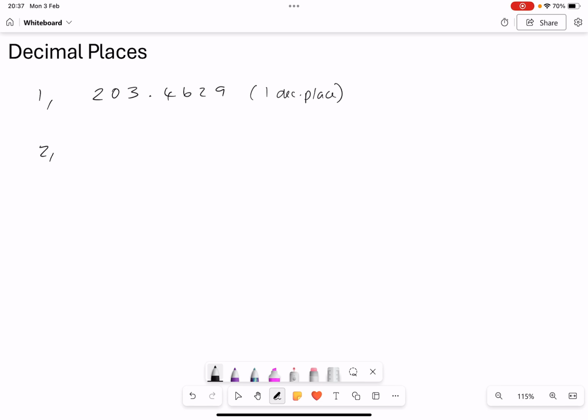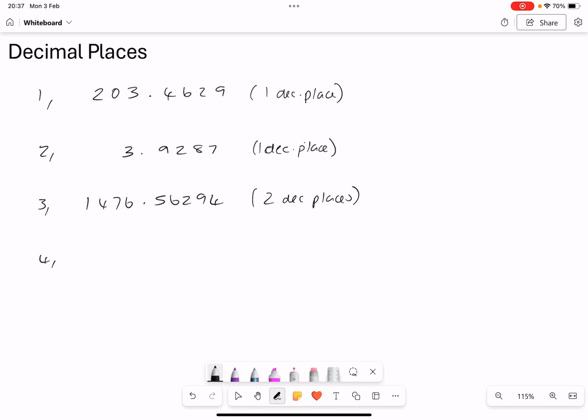Number 2, 3.9287. Again, we'll do 1 decimal place on that one. Question number 3, 1476.56294. 2 decimal places.